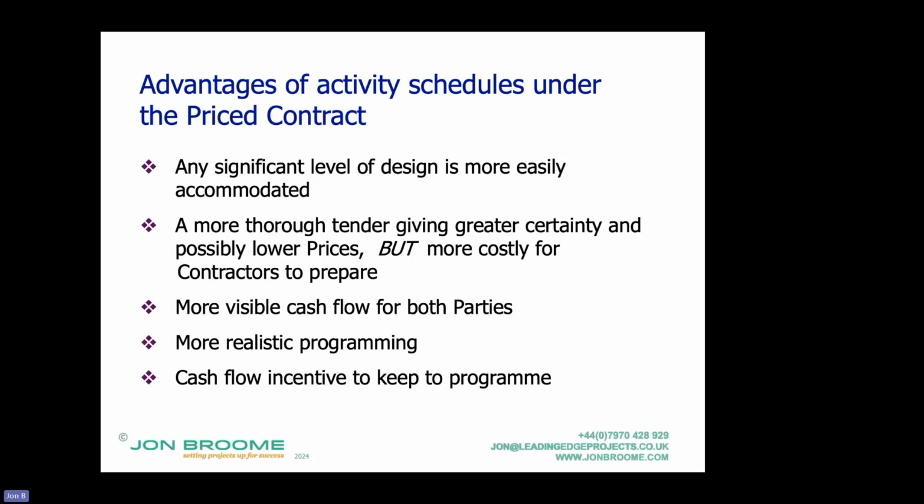Okay. It does give more visible cash flow for both bodies, compared with bills of quantities, where the contractor's paid quantity times rate, and lump sums, where the contractor is paid a proportion of each bar that they've completed. Under JCT, and I believe FIDIC, if you are using a lump sum strategy for payment, the contractor does not have to complete the bar by that assessment date.